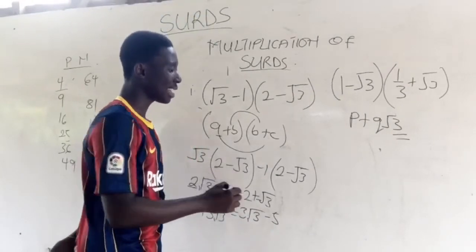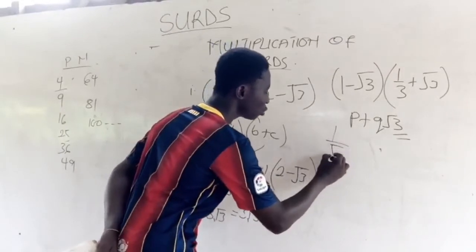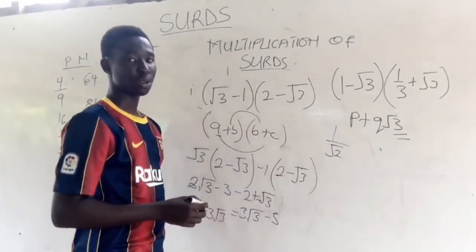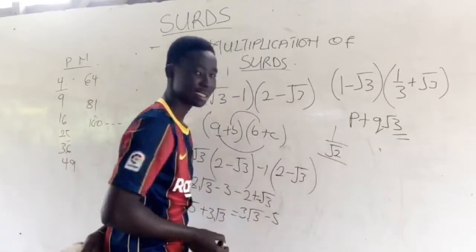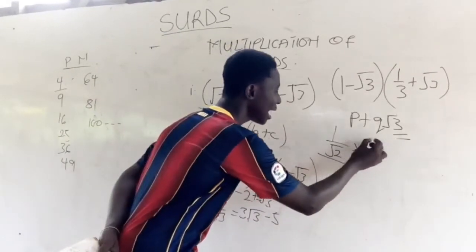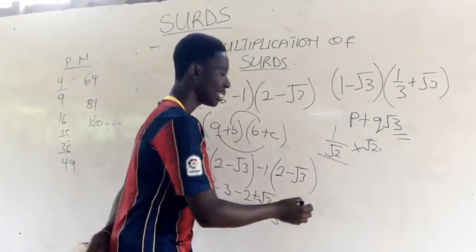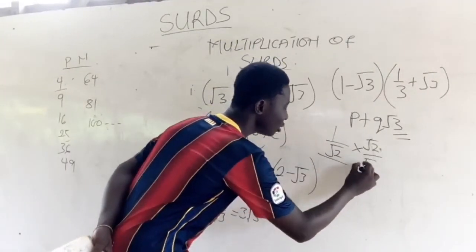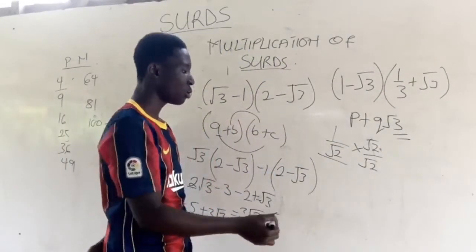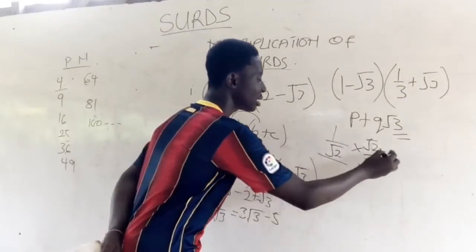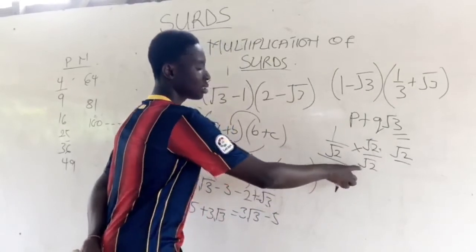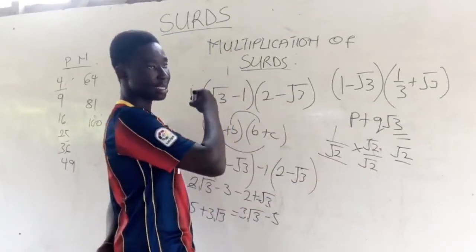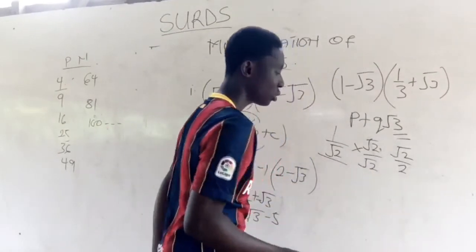When we are having sets like 1 over root 2, to rationalize this, we are going to multiply the numerator and the denominator as well by root 2. So this times this is going to give us root 2 over root 2 times root 2, which from the properties is 2.